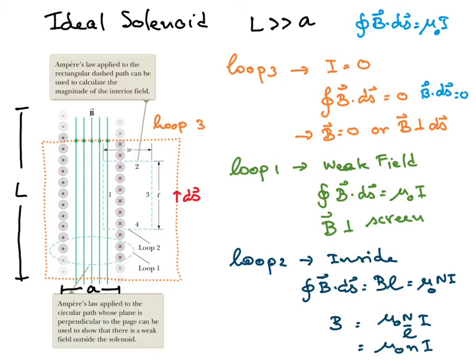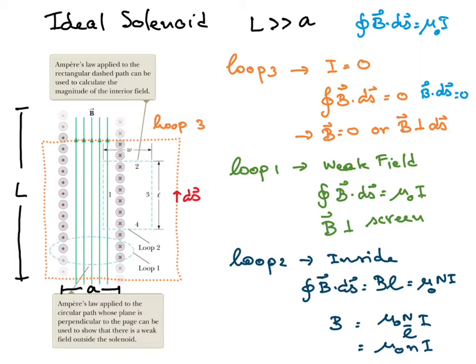But we know from experiment that the solenoid will produce the magnetic field. So it means that B cannot be 0. So we have to choose the second choice. That is, we must have that B is perpendicular to ds everywhere on loop number 3.